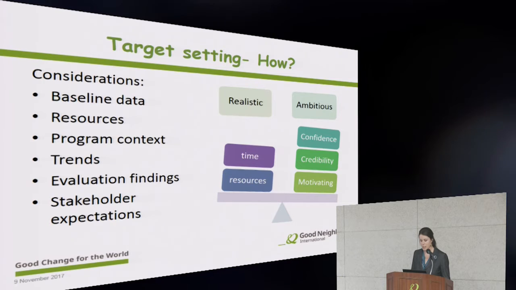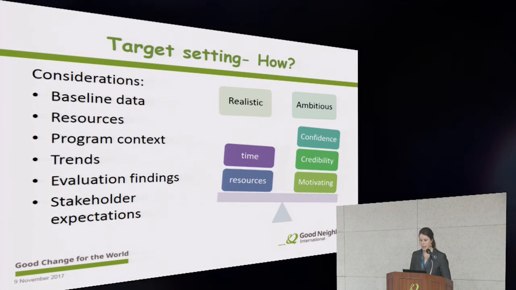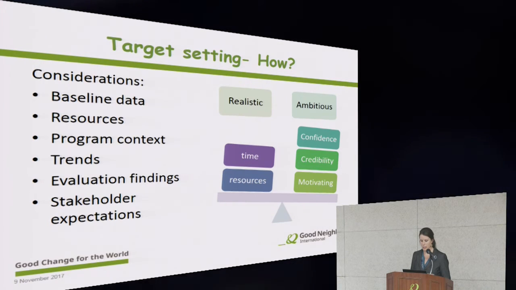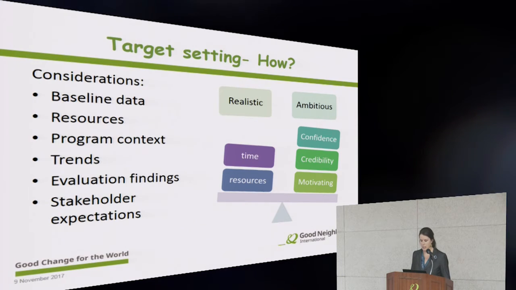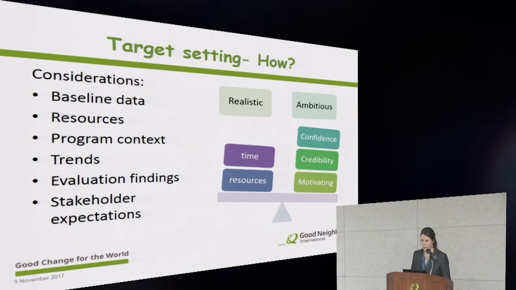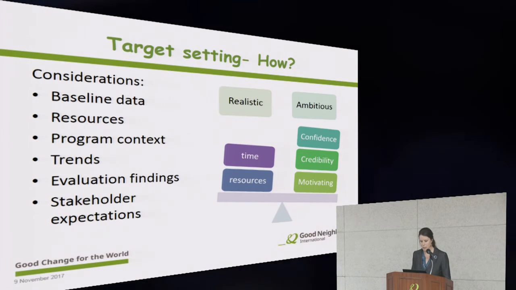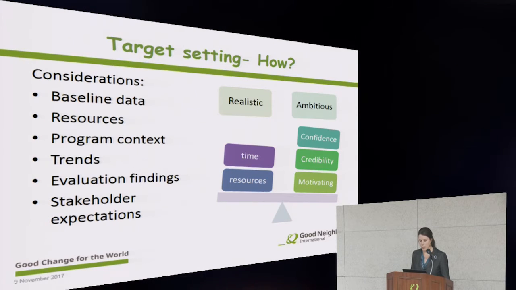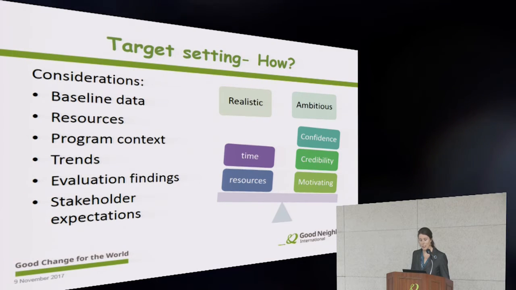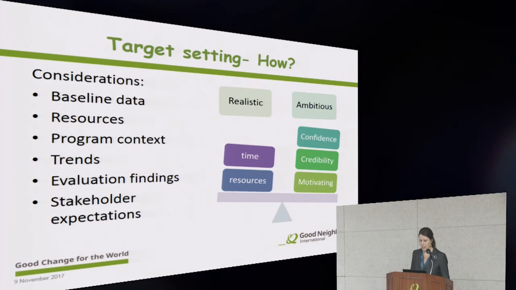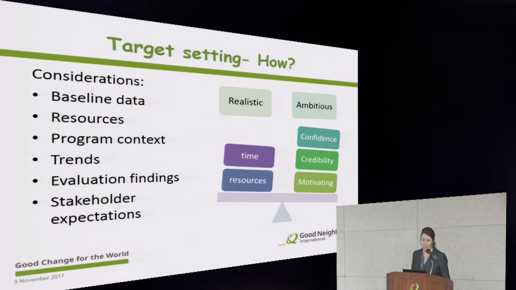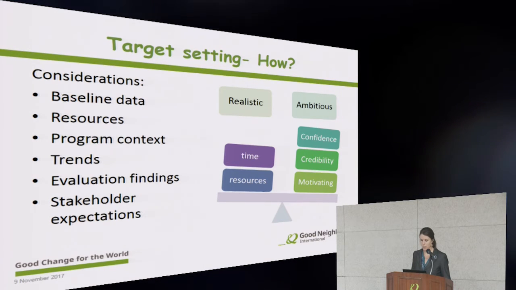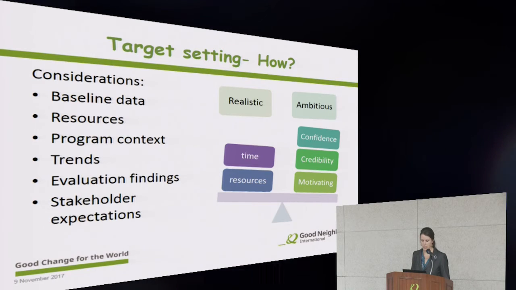And a natural tension exists between the need to set realistic targets, which are achievable in terms of resources and the duration of the project, and then the desire to set ambitious ones. So if they're set unrealistically high and they're not reached, then this could damage confidence and credibility, and it can also lead to the possibility of distorting data.